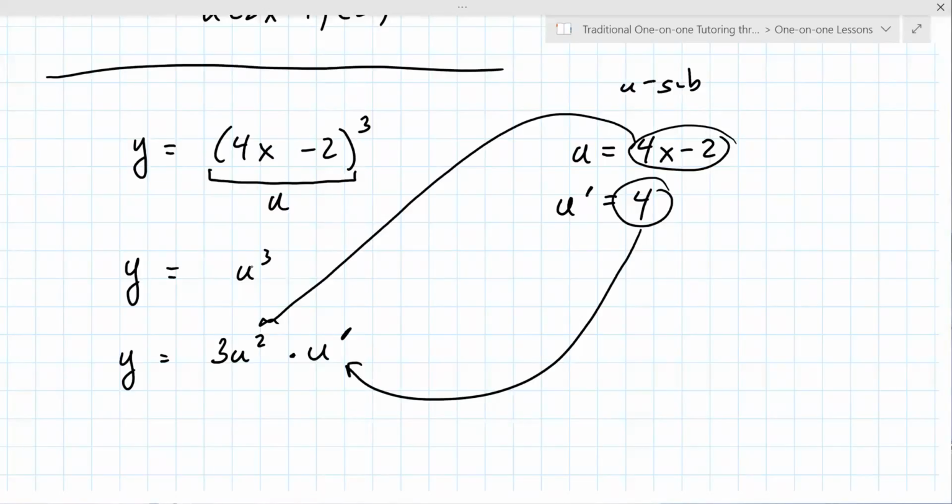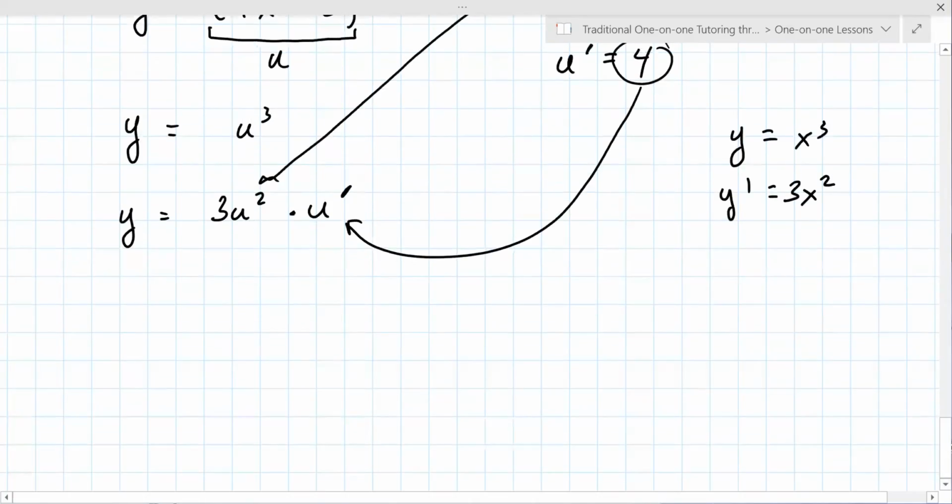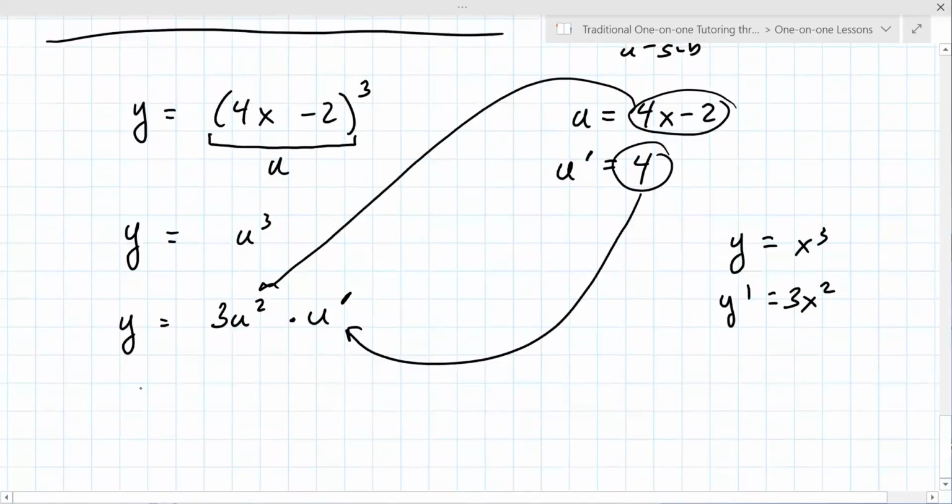Okay, so the derivative of u cubed is kind of like x cubed. If I said what's the derivative of x cubed, you know that that is 3x squared, right? Yes. Well, that's what we put here, except u is really a function of x, so you have to take an extra derivative. You don't need to worry about why, you just have to do it.